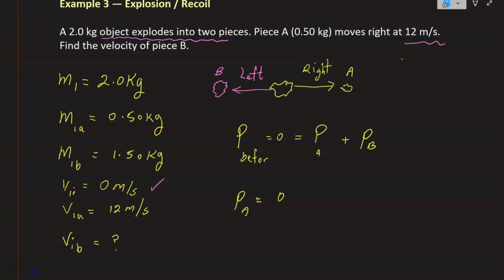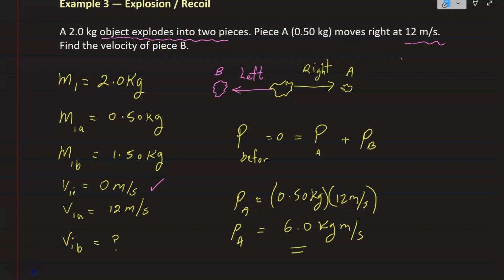We just go 0.50 kg times the speed, 12 meters per second, of that first object, and the answer in here will be 6.0 kg meters per second. That's the momentum of object A. All right, simple as that.